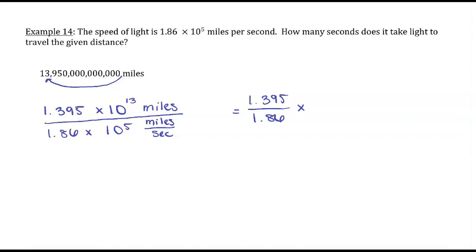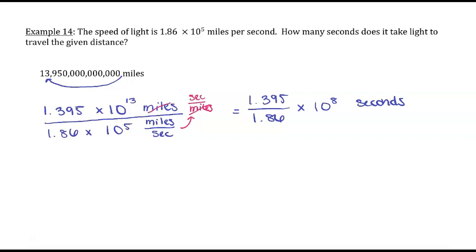Well, that's going to simplify to be 10 raised to the exponent of 13 minus 5, or 10 raised to the exponent of 8. Looking at our units, dividing by miles per second is the same thing as multiplying by seconds per miles. This means our miles will cancel out, leaving us simply with seconds.